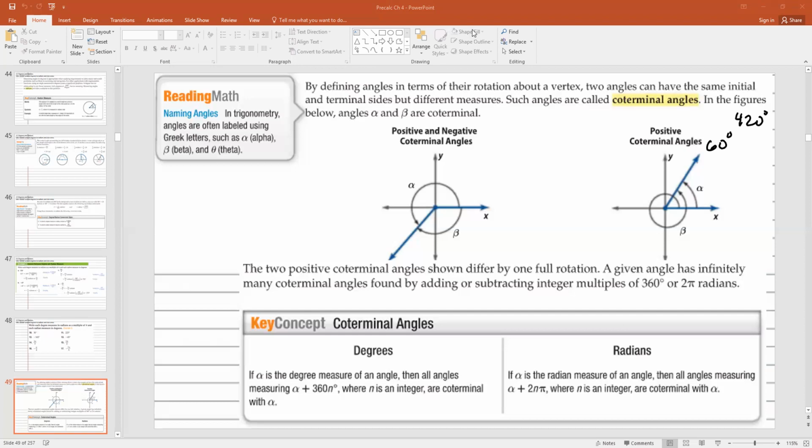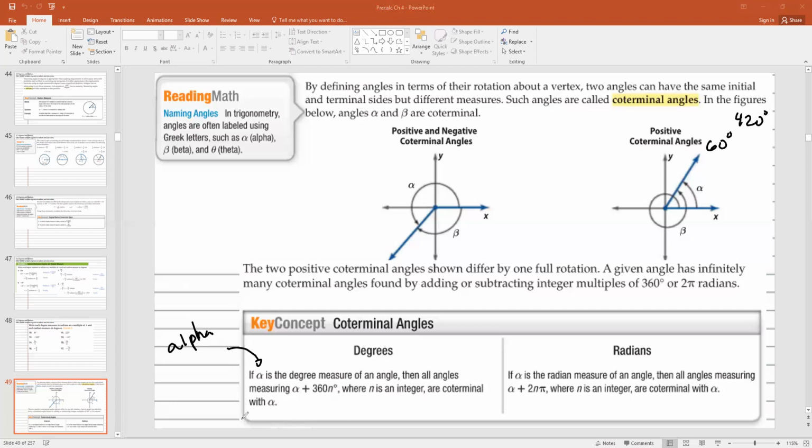All right, so we have infinitely many coterminal angles, positive and negative. Okay, so if alpha is the degree measure of an angle, then all angles measuring alpha plus 360 times n degrees, where n is an integer, are coterminal with alpha.